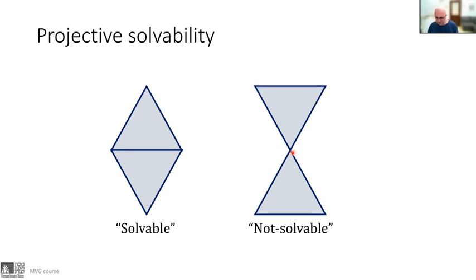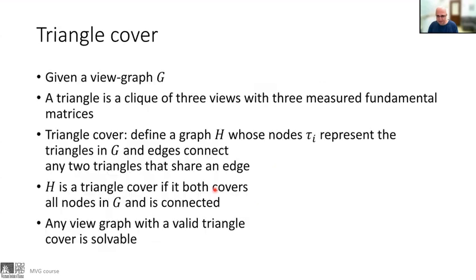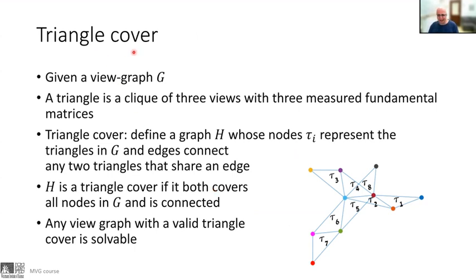Or, you know, in the calibrated case, this is not parallel rigid, this is parallel rigid. So the idea is the following: given n views, we will create a triangle cover of the graph, such that every neighboring 2 triangles will share an edge.